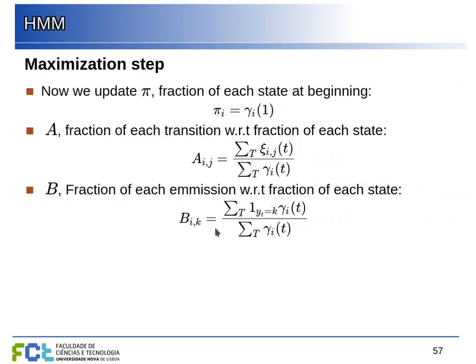So basically we are computing here the frequencies with which we saw the symbols emitted by each state, weighted by the probability of being in that particular state.